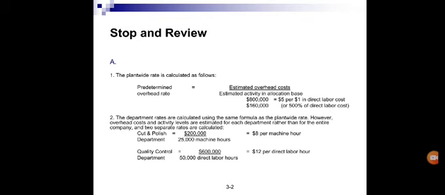So in this scenario, the budgeted overhead cost is 800,000. The budgeted allocation base is 160,000, which is the direct labor cost. So the predetermined overhead rate for this scenario is $5 overhead for every $1 direct labor cost. Okay. So this is the traditional system.